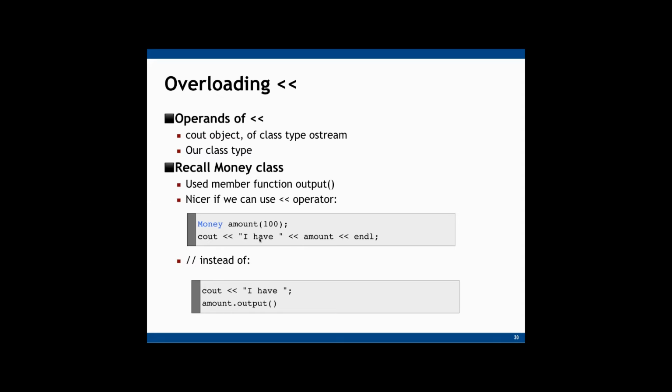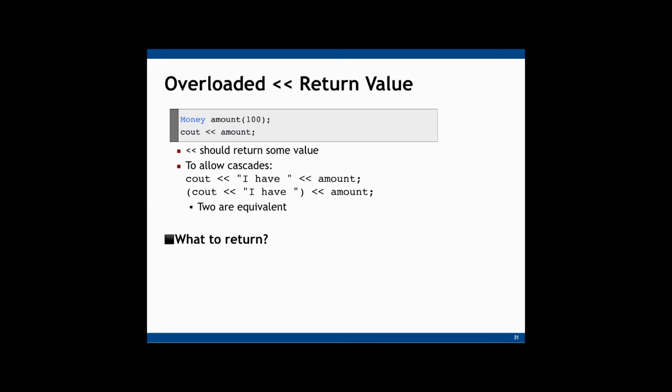But in order to print this amount object using the insertion operator and the cout object, you have to overload the insertion operator so that it works with the class type you define, in this example, the money class type. So that is the reason why we are overloading the insertion operator here.